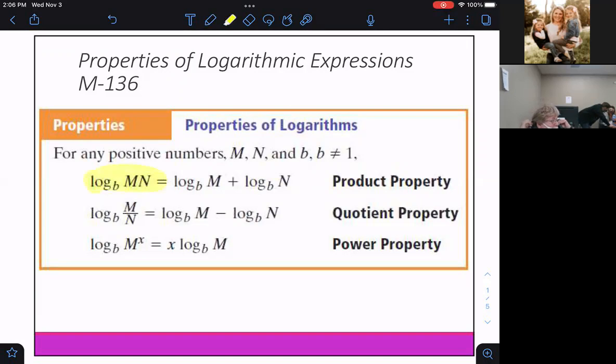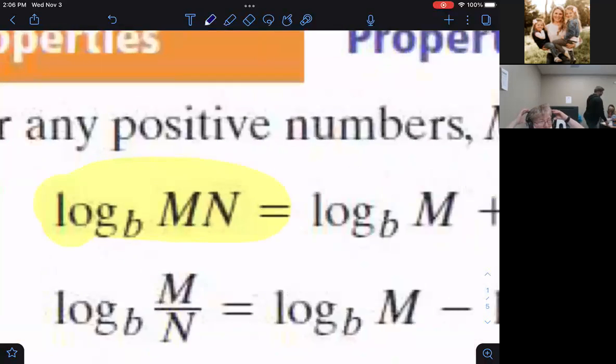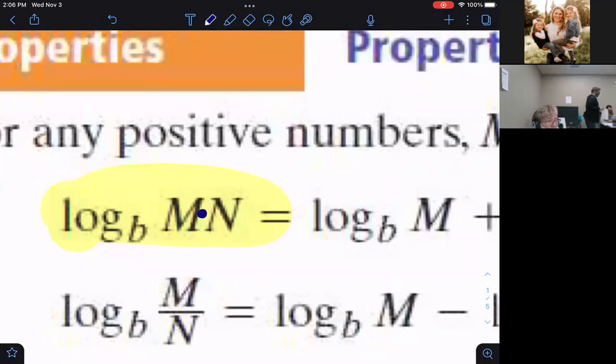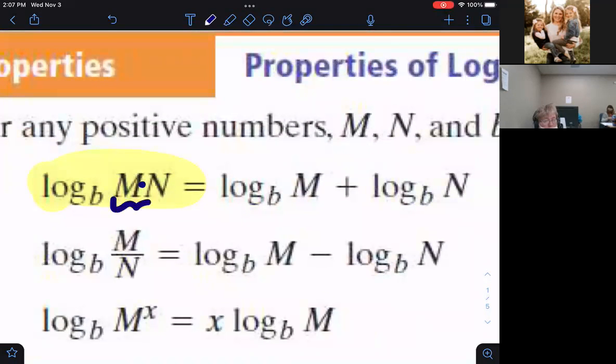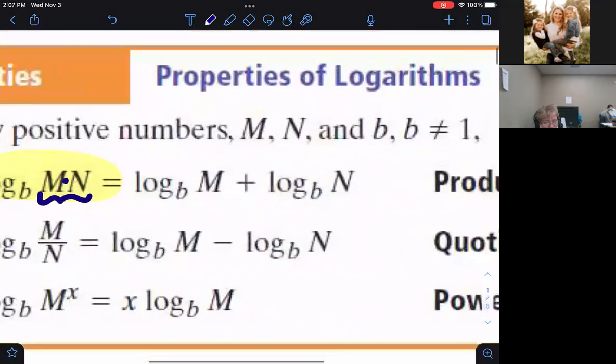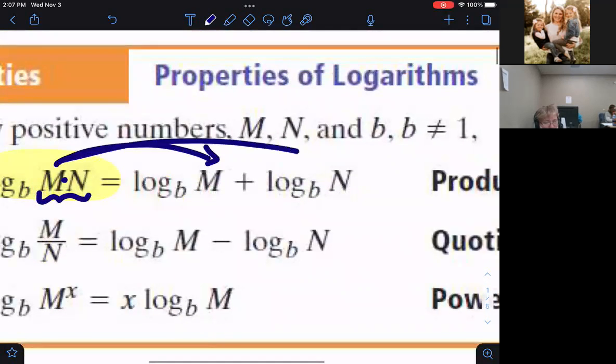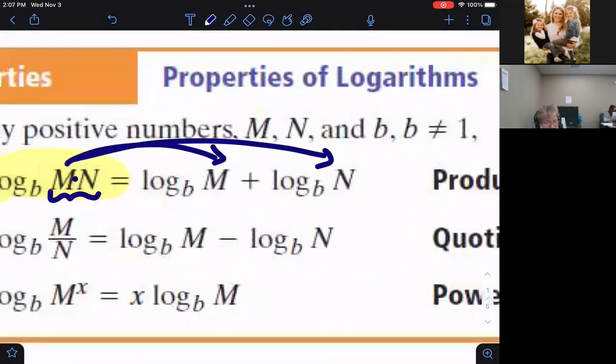Looking at this first case scenario, we have log base b of m times n. There's a multiplication symbol in there, it's just understood. So we have those two terms, m and n, being multiplied together. In order to expand this, we're going to separate the m and the n into two separate logs.